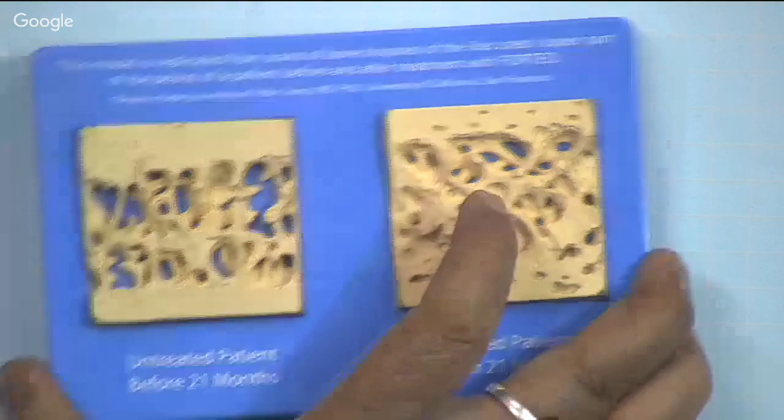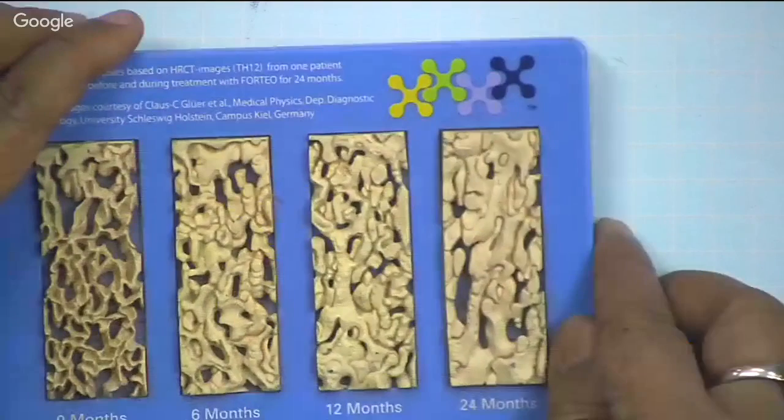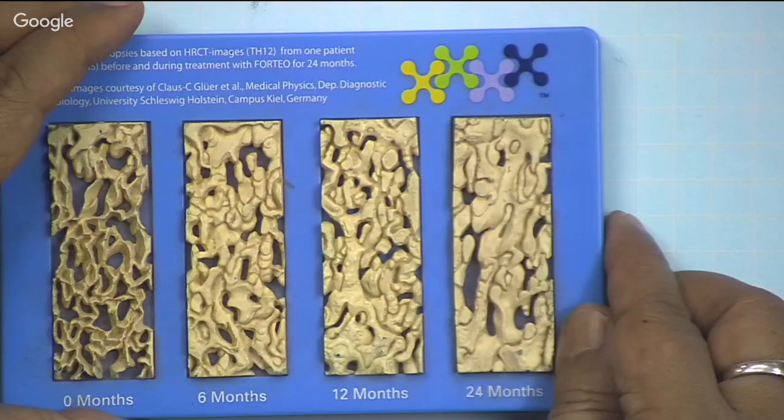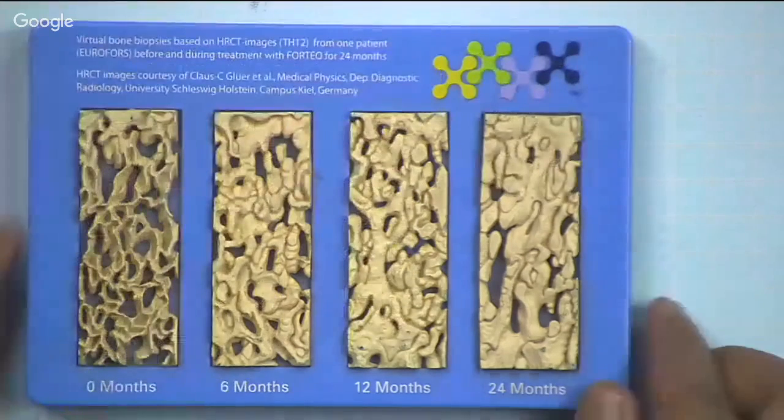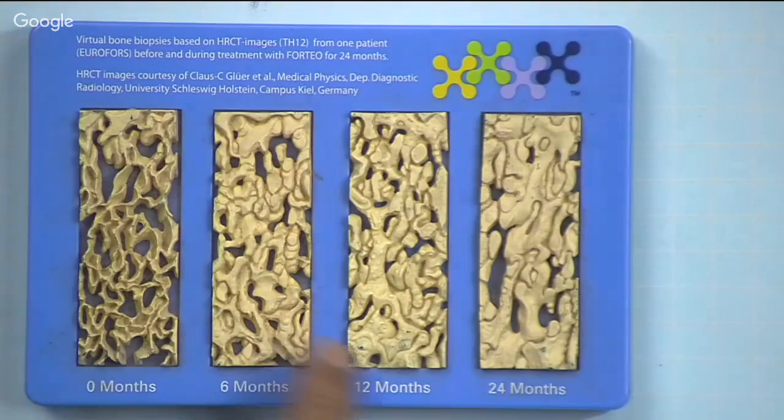And you can see here in the next sample that it can vary from person to person, and with age, actually, the quality of cancellous bone. The more density, the better for you.